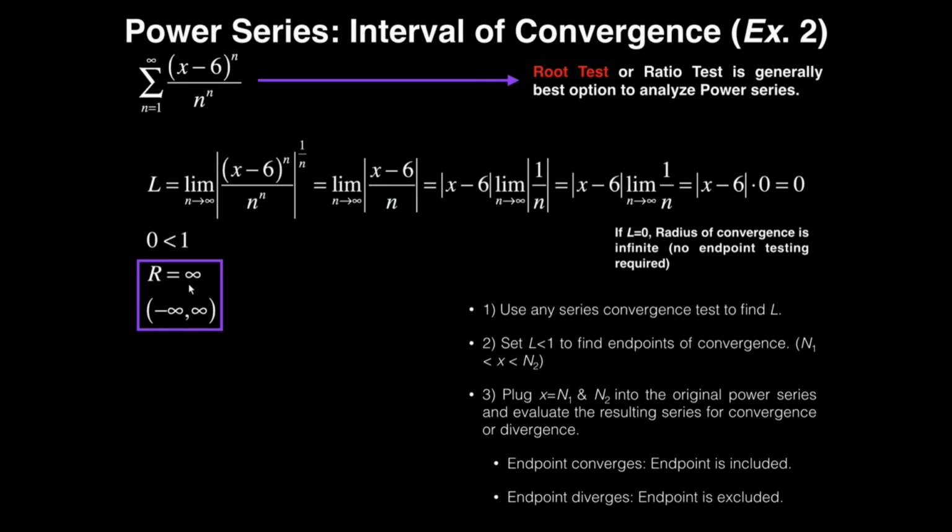It converges for every single value of x, which means that our interval is simply from negative infinity to positive infinity. So if you ever have this limit and it goes to 0, you pretty much don't have to do anything else. You just say radius of convergence is infinite and the interval is from negative to positive infinity. No finding endpoints because there aren't any, and you don't have to check them because there's none.